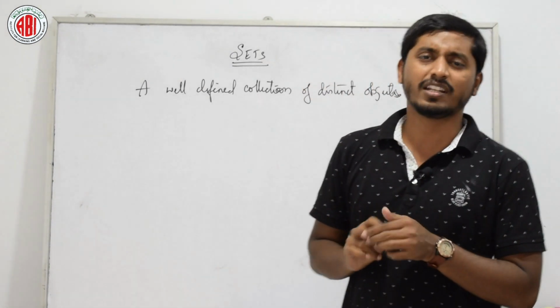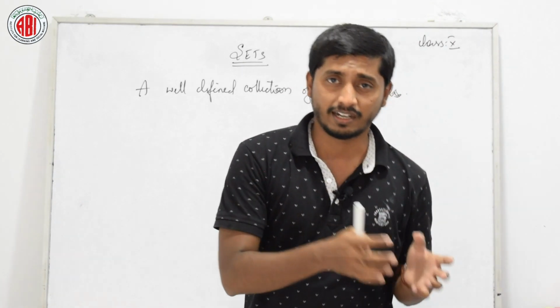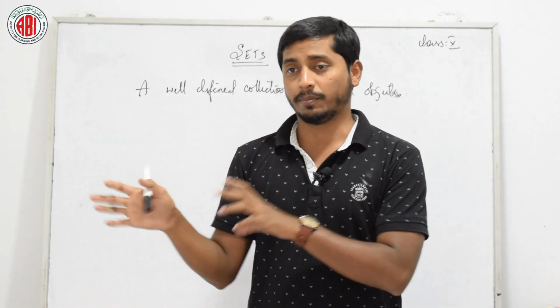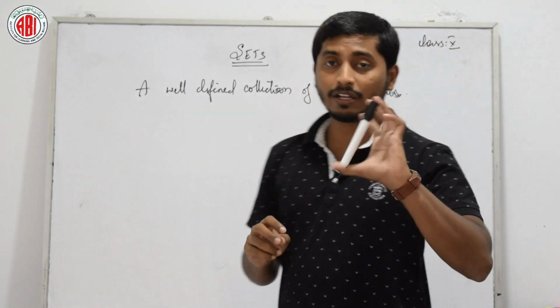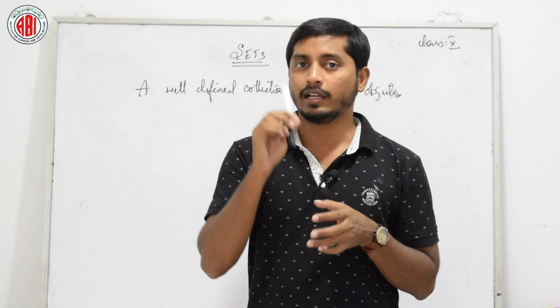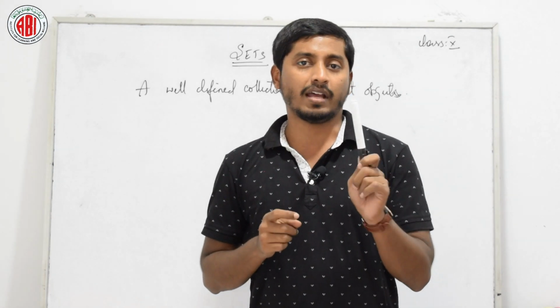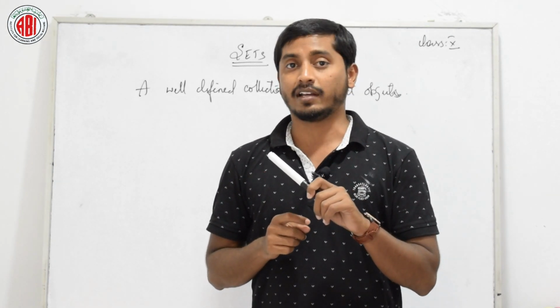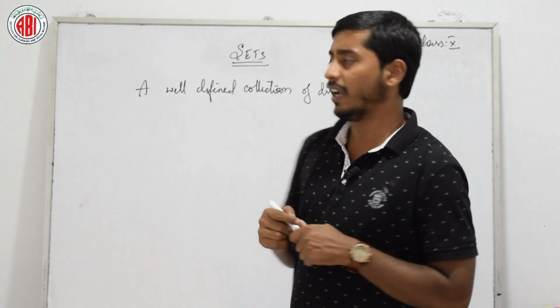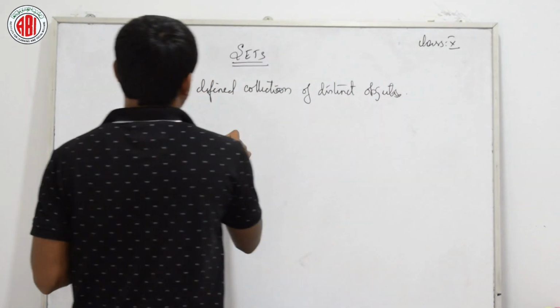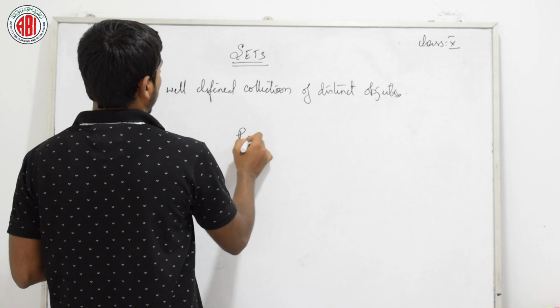Different. An object is whatever it is, whether it is a chocolate wrapper or a student or a pen or book or whatever. Clear? For example, if I say the objects are my markers, different colors of markers, it is also a collection, it is a set, isn't it? Let me write a set as some collection of pens.